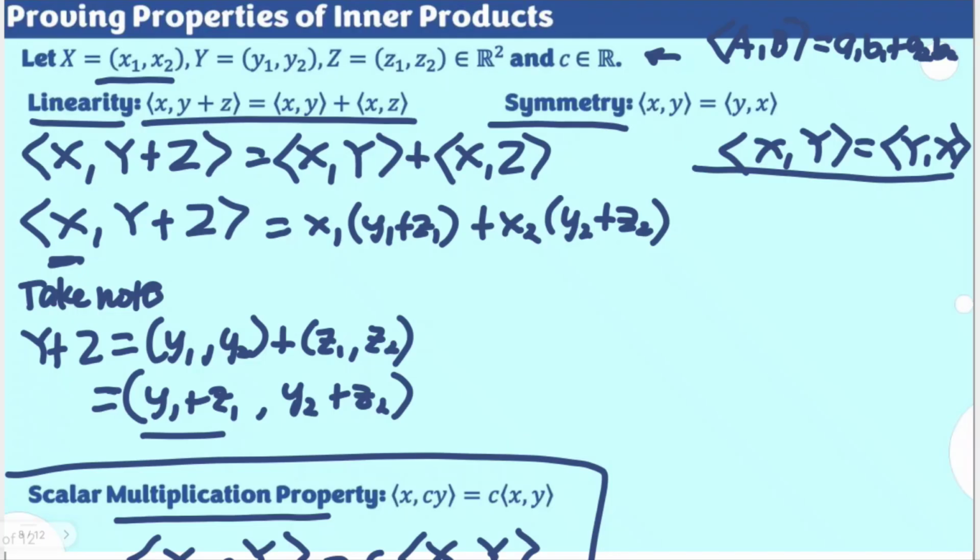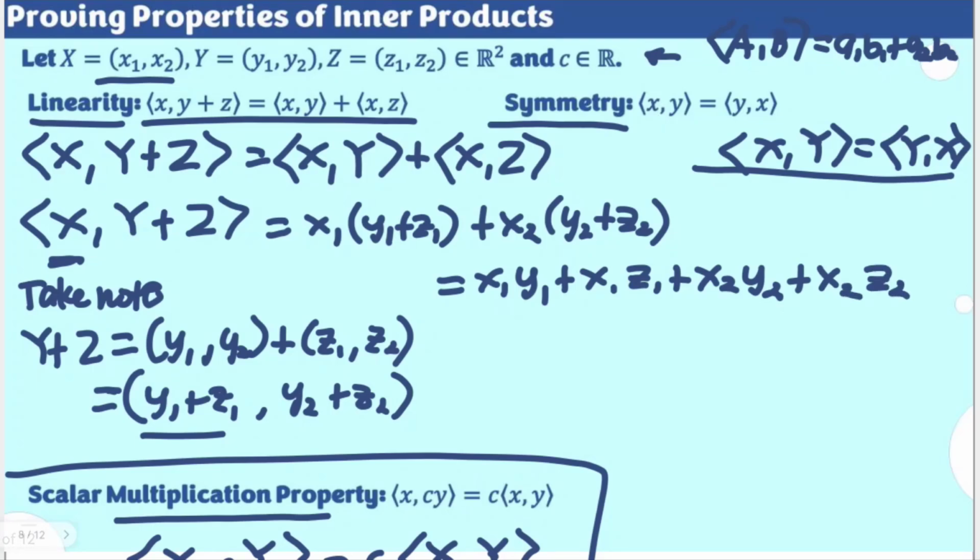From this, you can use the distributive property: x sub 1, y sub 1, plus x sub 1, z sub 1, plus x sub 2, y sub 2, plus x sub 2, z sub 2, right? Distributing them like that. Our goal is to show the inner products of X and Y alone and X and Z, meaning let's pair those terms with x, y and x, z.